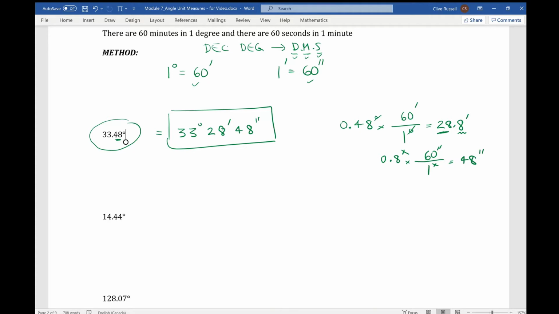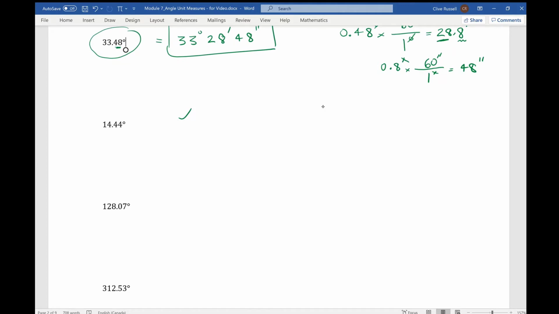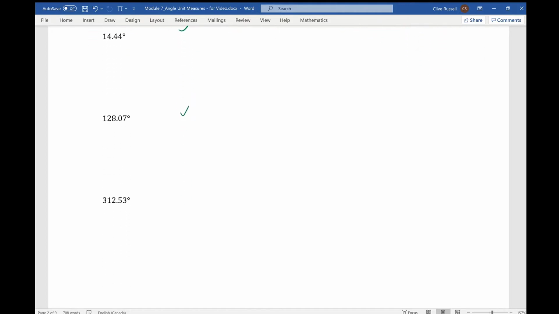All right? Now, as I said, I won't do these two here. I'll leave that for you to practice. Nothing new there. So let me go and do this last one for you. Same thing. So again, we want to convert this to degree, minutes, and seconds. So we know that the 312 degrees will not change.